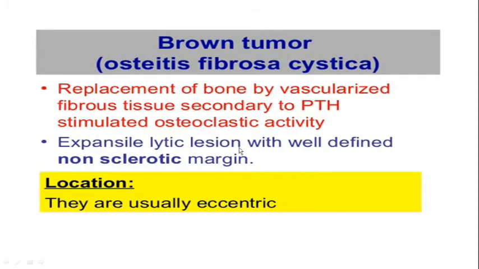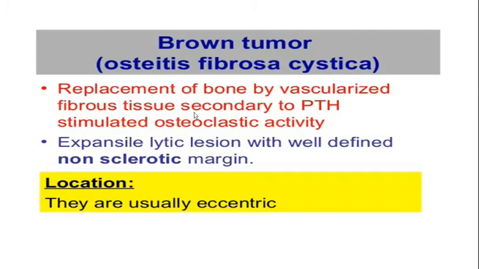So, all things considered, a very important term is the brown tumor, which is osteitis fibrosa cystica, because of the replacement of the bone by vascularized fibrous tissues. As there is the osteolytic lesion, the space created by the osteolytic lesion inside a bone tends to be insufficiently and inadequately replaced by the fibrous tissues, and that basically is due to obviously high osteoclastic activity.